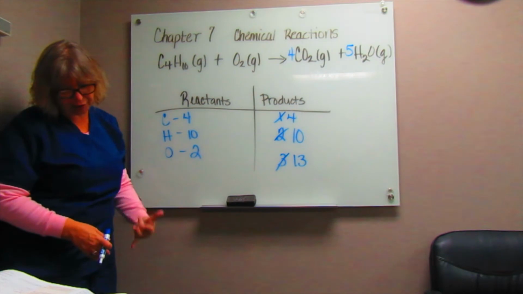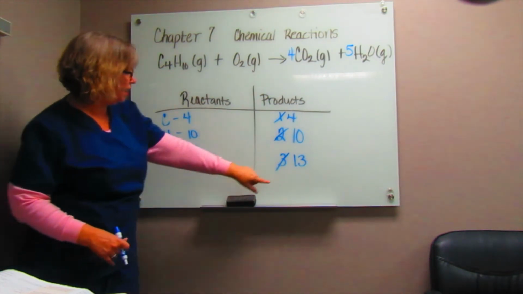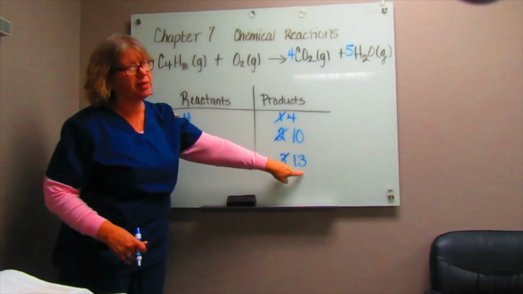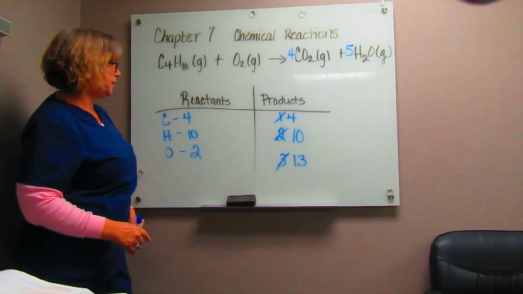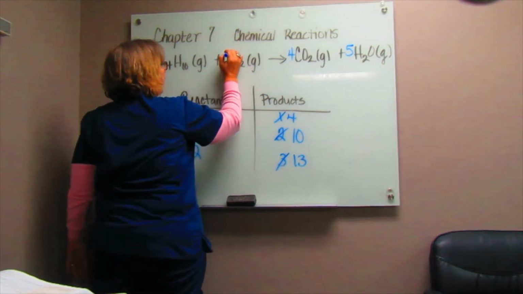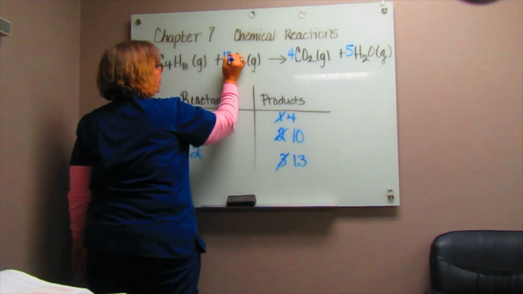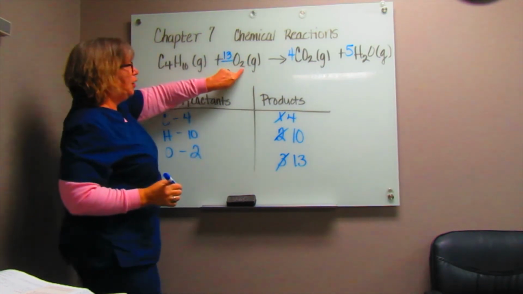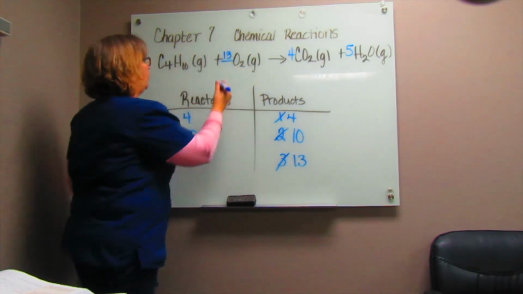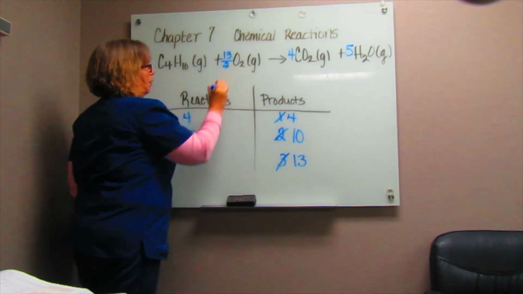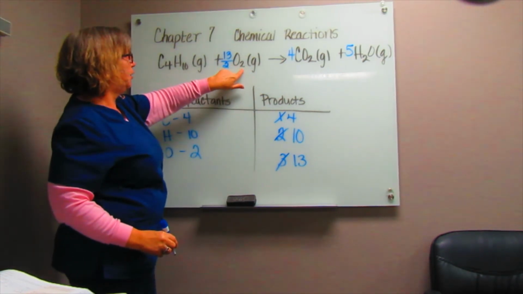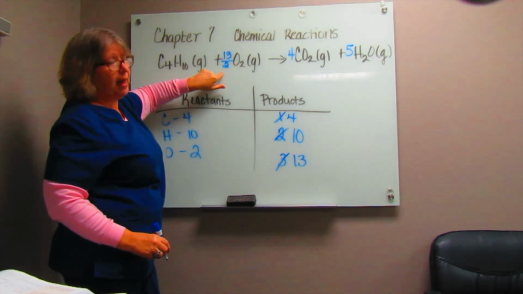So what we have to do is take the number of molecules that we want on our product side, and put it in front of the oxygen. But we want to put it over a denominator of 2, okay? Because we have 2 oxygens here, so this denominator needs to match.